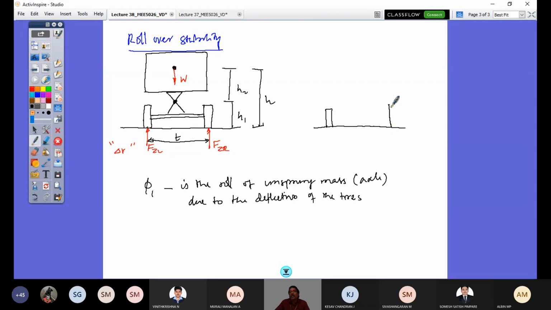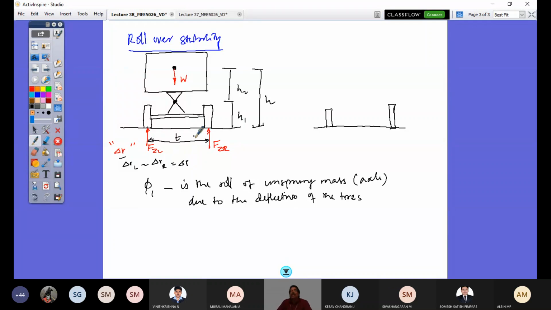So here what is happening? There is delta R equal on both sides. At this stage, delta R left and delta R right are equal to delta R small. When there is no turn, the deflection is equal in both wheels.